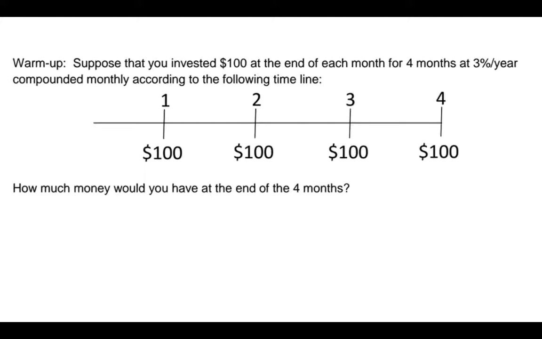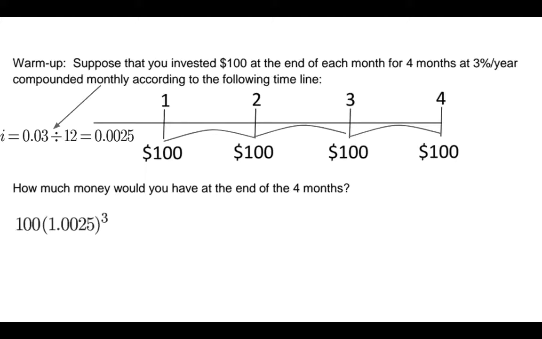Based on the last lesson, we only had one payment. So we had $100 maybe at the beginning, and then we wanted to find out what it's worth at the end. Here you actually have four payments, so four investments. So what we do is we take the interest rate divided by 12 because it's compounded monthly. We've got to find the monthly rate.